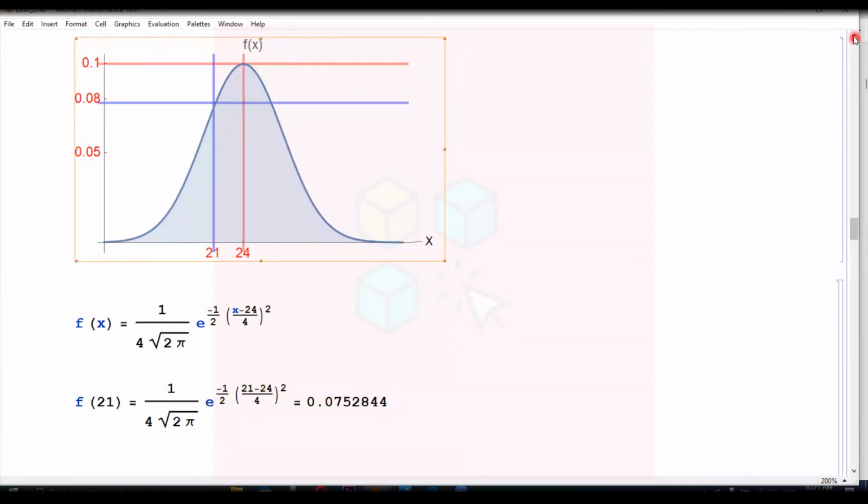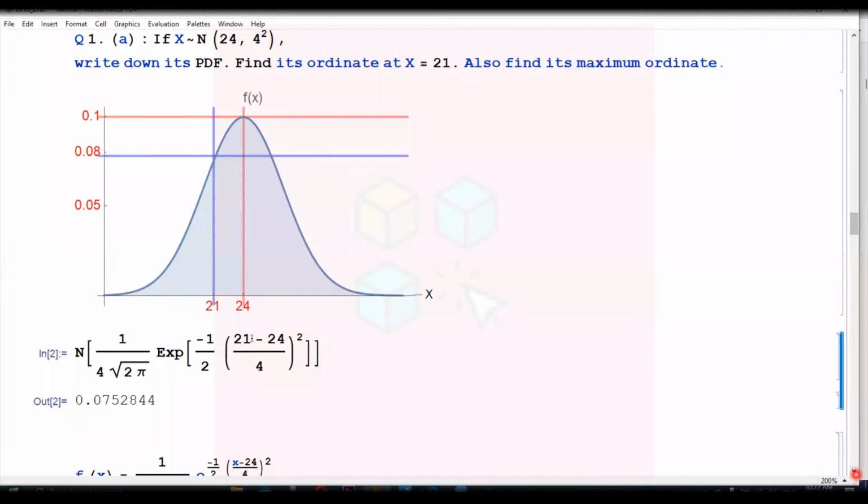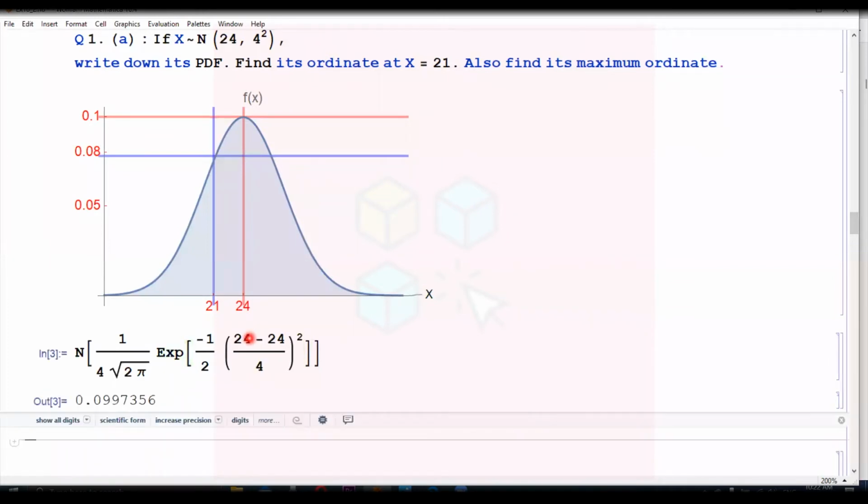The next part is to find the maximum ordinate. You know that the maximum ordinate exists at the point where the mean exists, and the mean is at 24. So in this part you have to solve at mean 24. So 21 is now replaced by 24. The answer is 0.099735. This is our answer for this case.